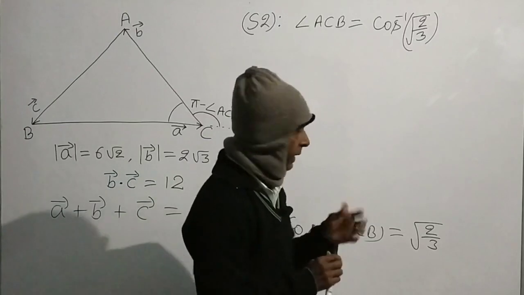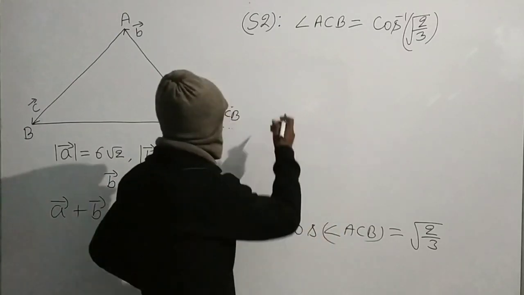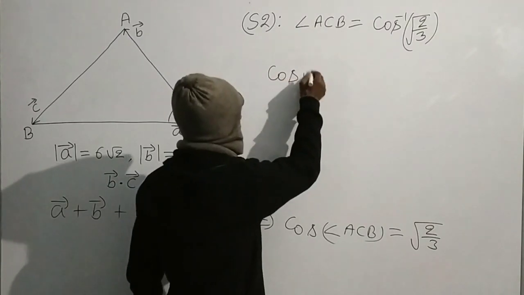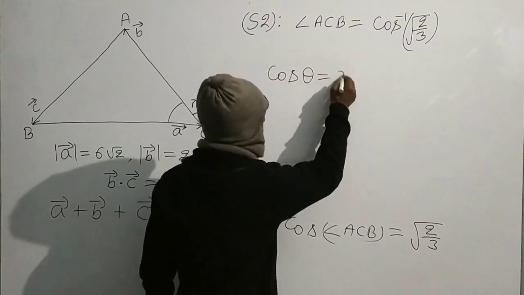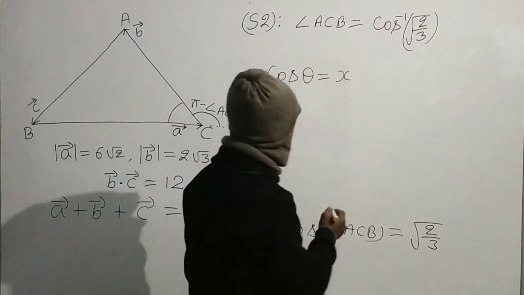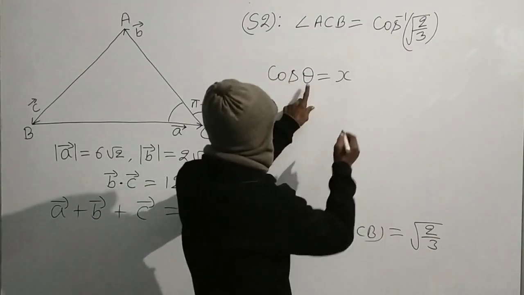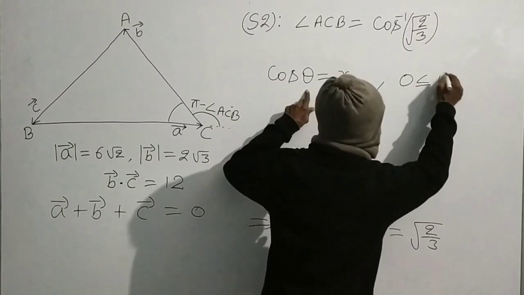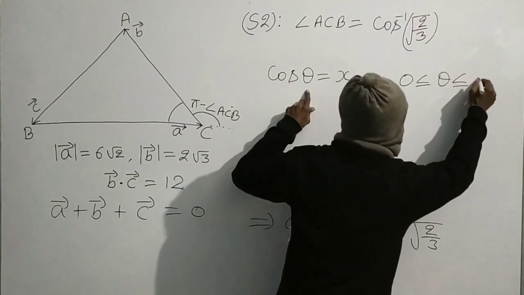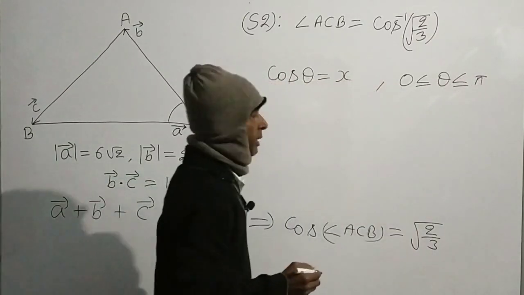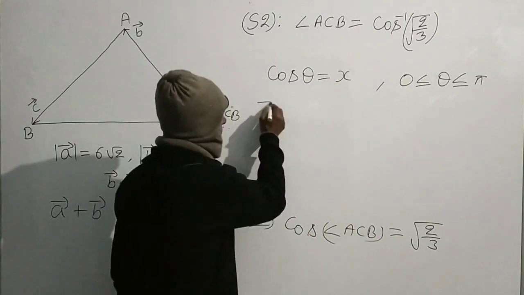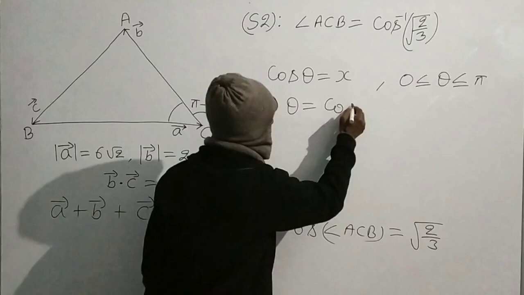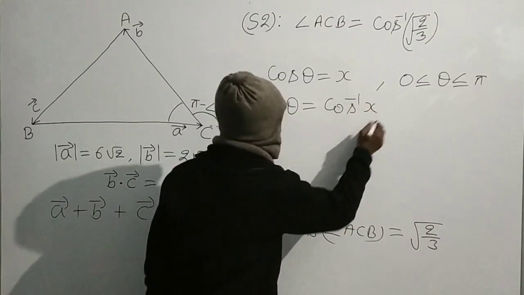Now there is a formula that if cos theta is equal to some number x and this angle theta lies between 0 and pi, then we can write theta is equal to cos inverse x.